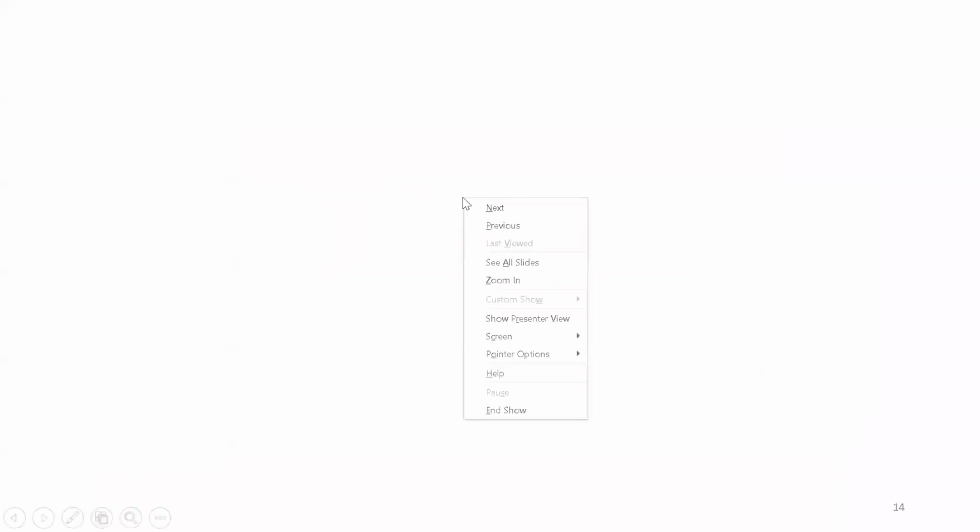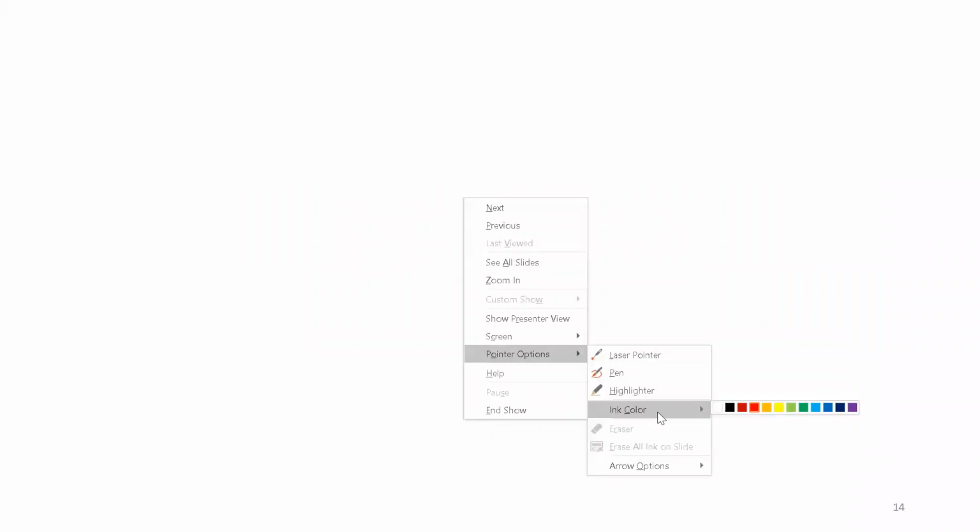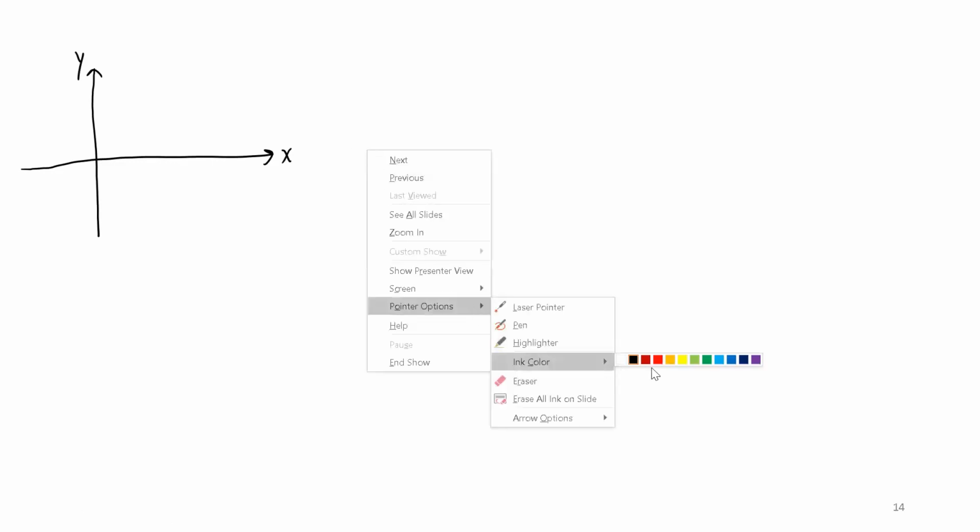Here let me reiterate the concept of using the polar coordinate system before we move on to the next example. Again, we'll consider a two-dimensional plane.